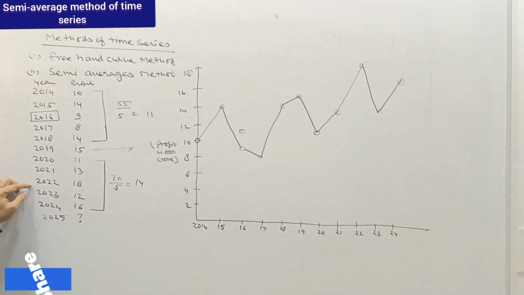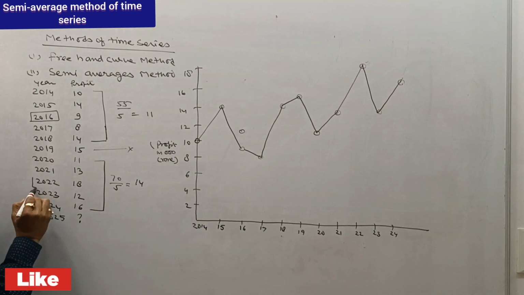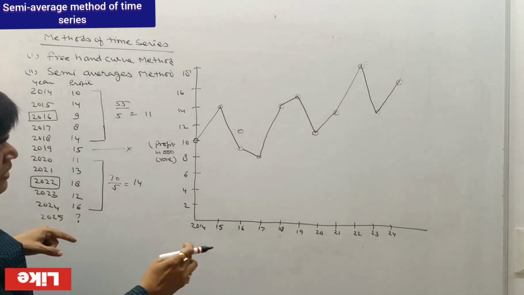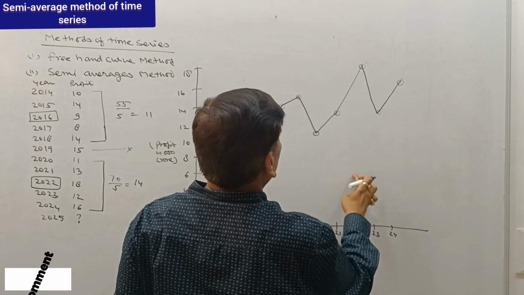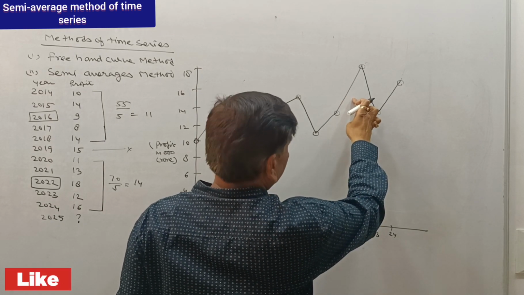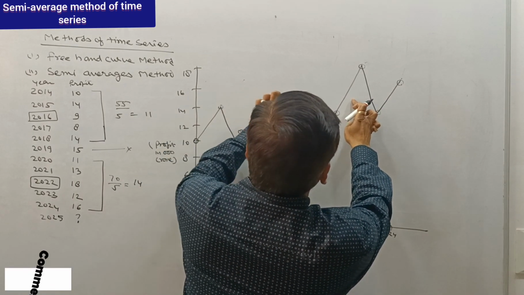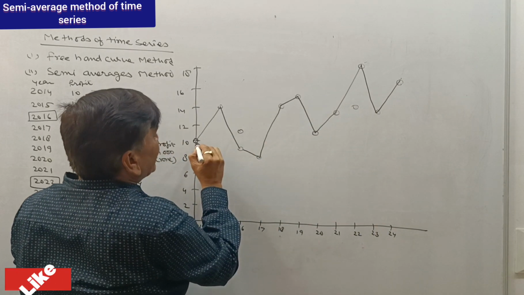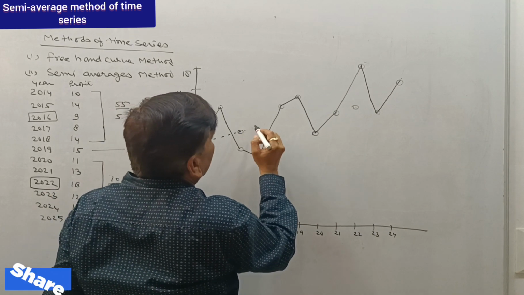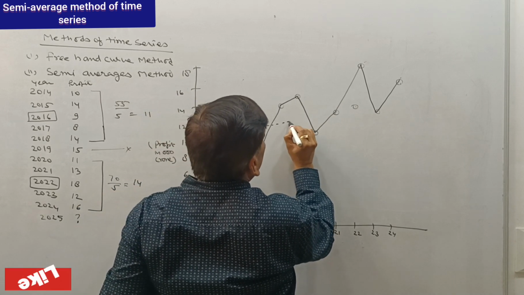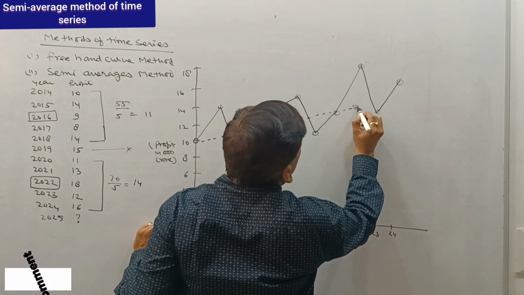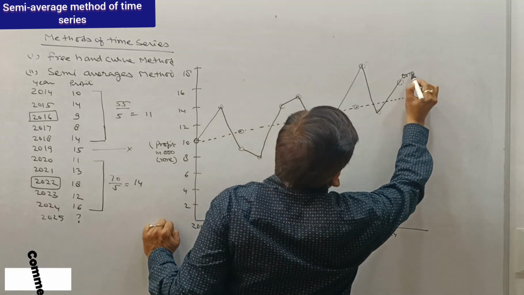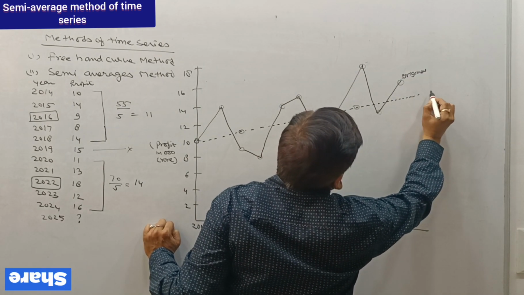Now in 2022 the average of the next 5 is 14, so in 2022 we plot 14. So we have a trend line related to the semi average. This is the original line and this is the trend.